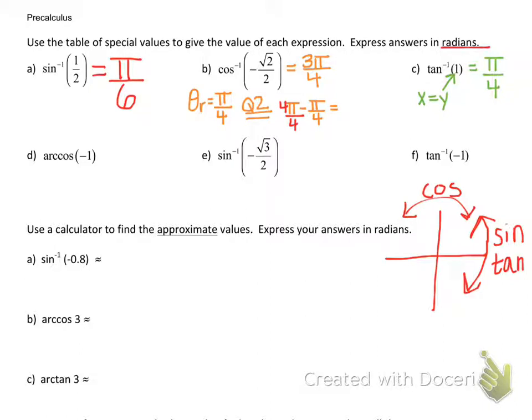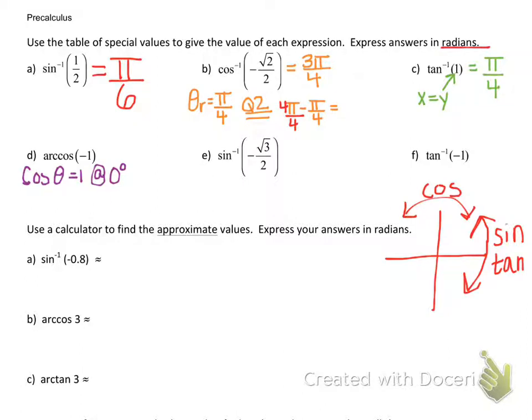Okay, so now we're going to do the arc cosine of negative 1, which is the cosine inverse. So I go to my cosine chart on the right, and I go down to positive 1, and I know that my value in radians is 0 when I go all the way over to the left. So this one we have to think about a little bit differently. Cosine of theta gives me 1 at 0 degrees.